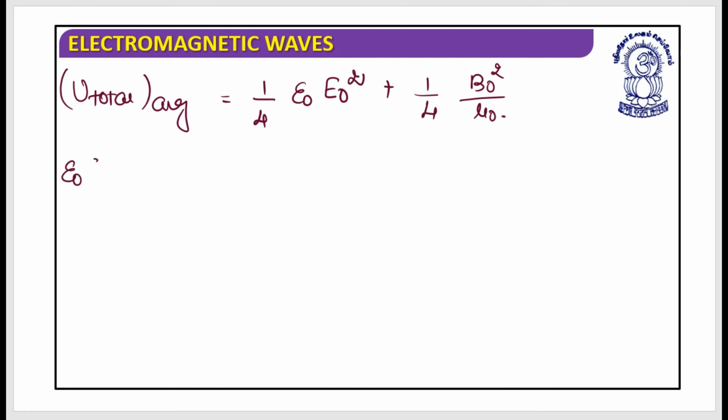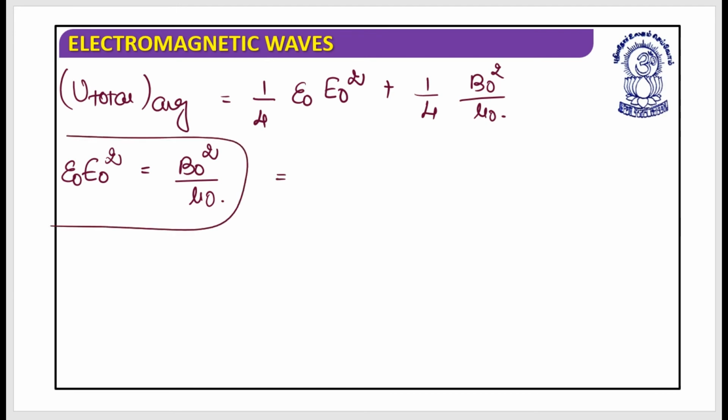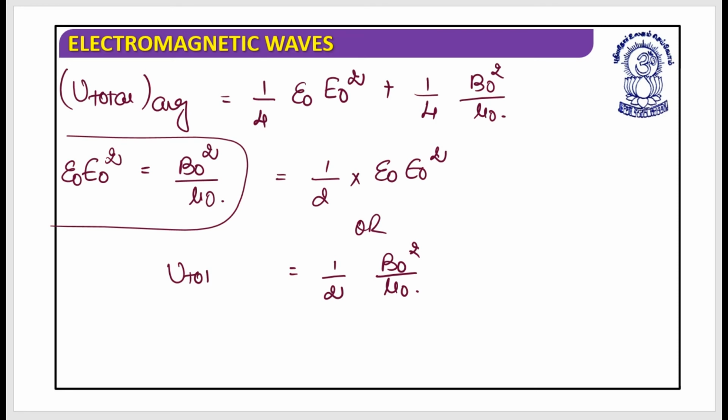As we understood, epsilon naught E naught square equals B naught square by mu naught. So this is 1 by 4 plus 1 by 4, which is 1 by 2 epsilon naught E naught square, or it could be written as 1 by 2 B naught square divided by mu naught. This is U total average. Yes, this is the total average energy density of an electromagnetic wave.